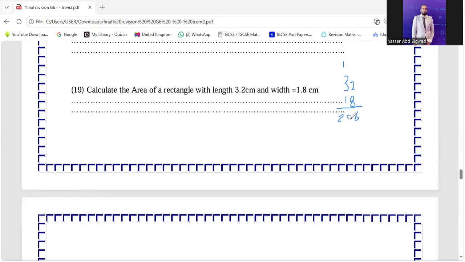Here I put 0. 1 multiplied by 2, we get 2. 1 multiplied by 3, we get 3. We add 6, and there is 7, and here is 5. You add them. And what about the decimal point? It is after 1 digit. After 1 digit, add a decimal place. If it is after 2 digits, 1, 2, here is the final answer, 5.76 centimeter square, and so on.